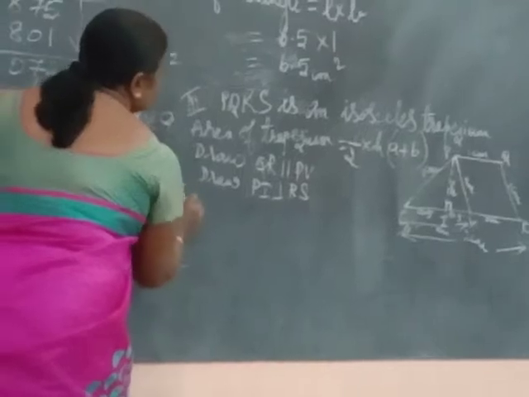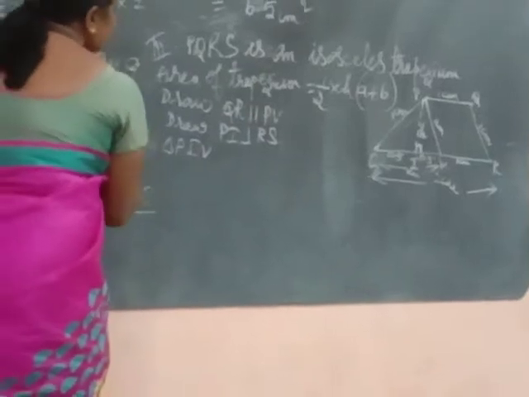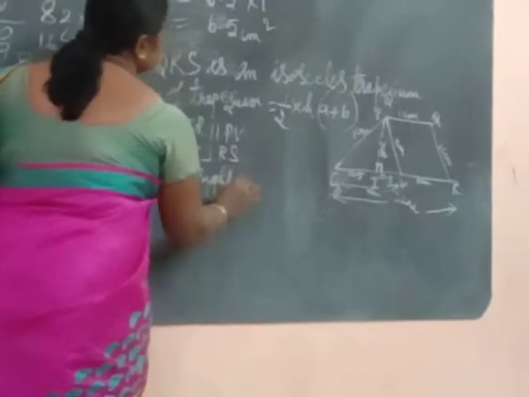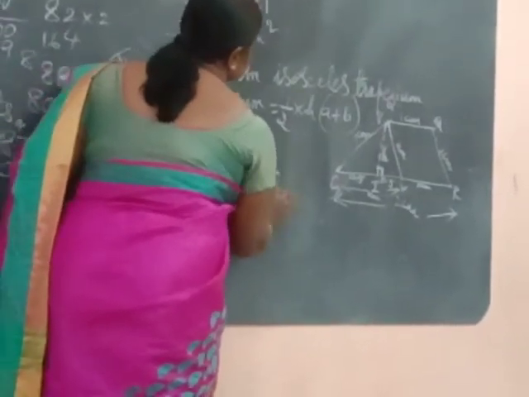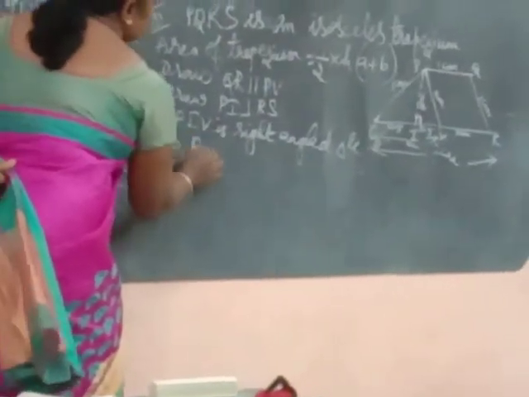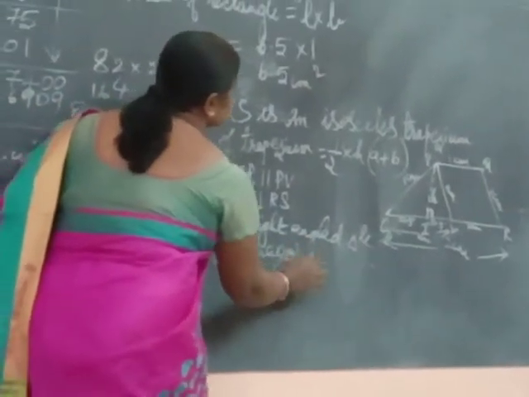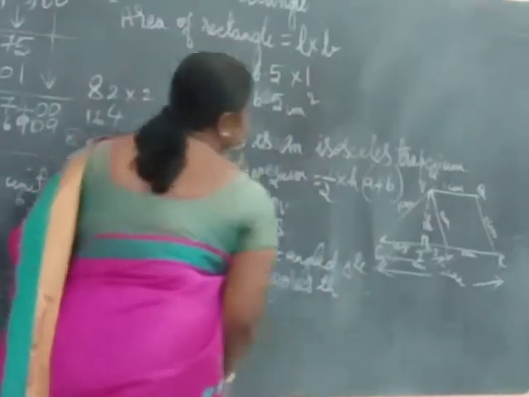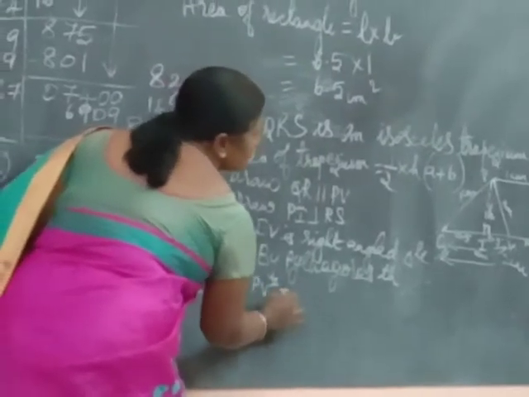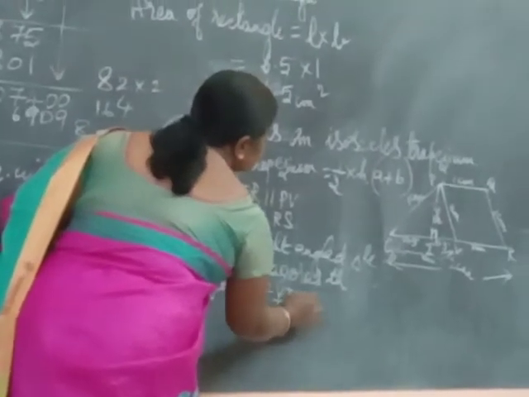So in triangle PIV, a right angle triangle, by Pythagoras theorem, PV square is equal to PI square plus IV square.